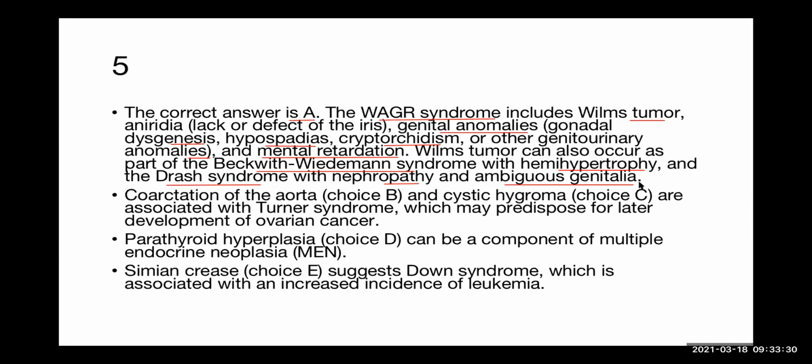Whatever happens to the external genitalia, we don't care. This is a male. If the genetic sex is 46XX, for example, then she is a female, even if the external genitalia looks like male. And that's why it is known as ambiguous genitalia. This is an interesting part of medicine.